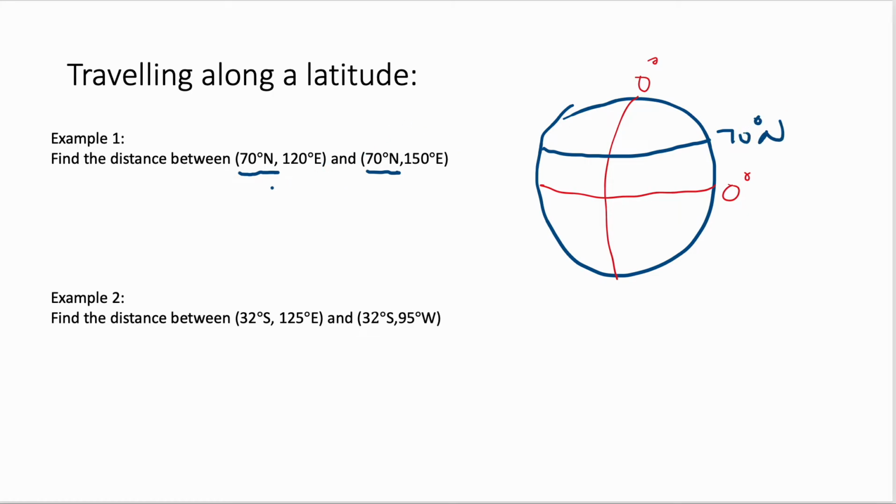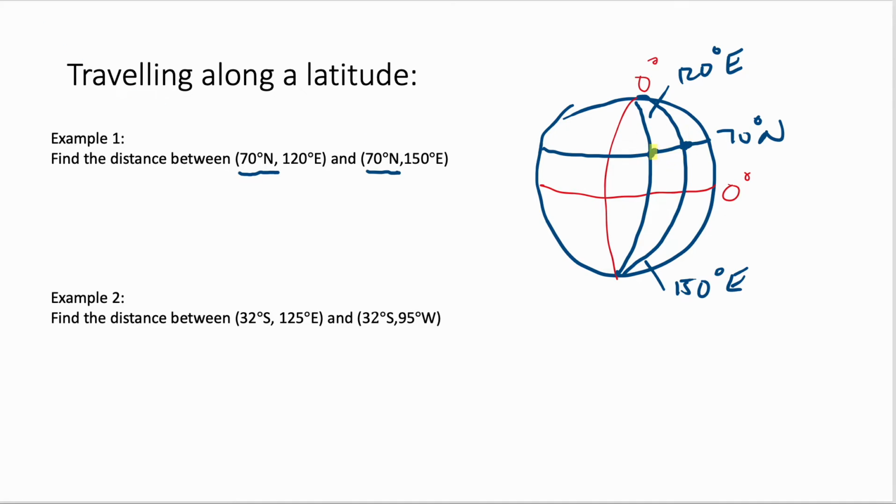The first place is 120 degrees east, so we're to the right of the prime meridian. Then we've got 150 degrees east, which is further east, so to the right of the previous one. Okay, and here are our two locations.